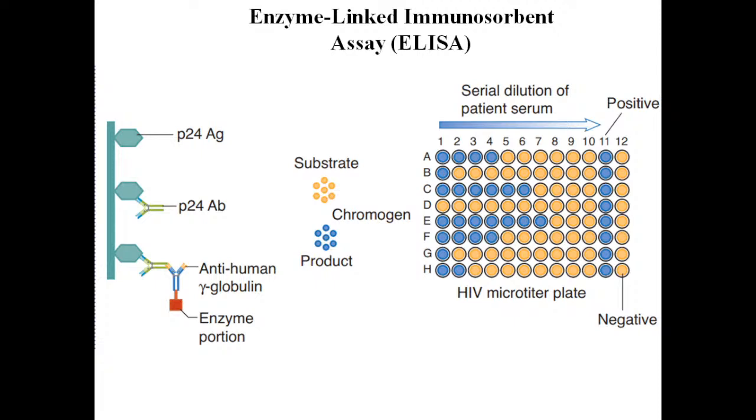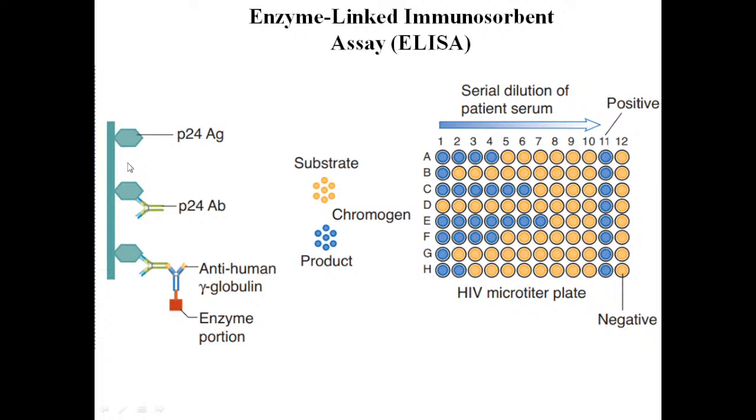Let's look at this diagram. I hope you will understand. Firstly, for ELISA, we should use plastic plate. This is a microtiter plate. It is called plastic plate.